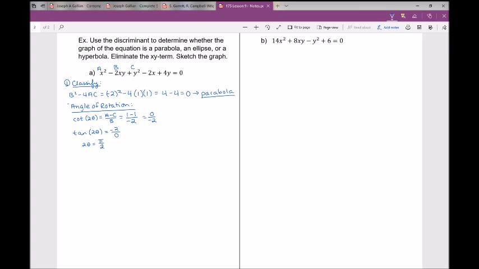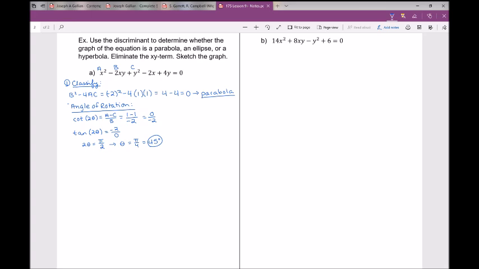It's just not very good practice to take the tangent inverse of something that's over 0. Okay, so we're just going to say that 2 theta is equal to pi over 2, and so if we divide by 2 here, we get that theta is pi over 4. Or you could say that that's 45 degrees. Okay, and I'll specify on the test whether I want you to use radians or degrees. Okay, so our angle of rotation is 45 degrees.